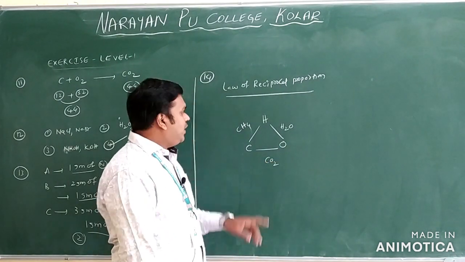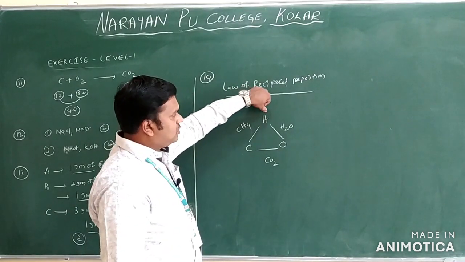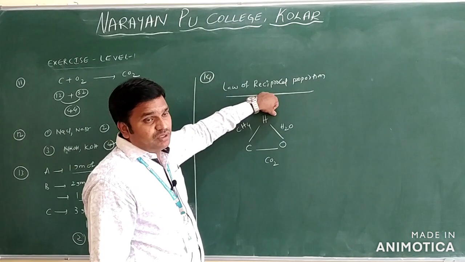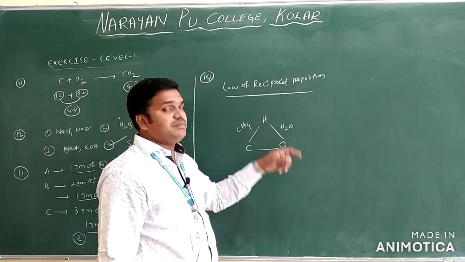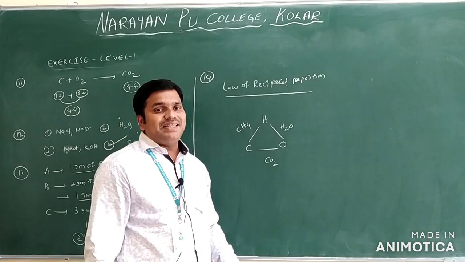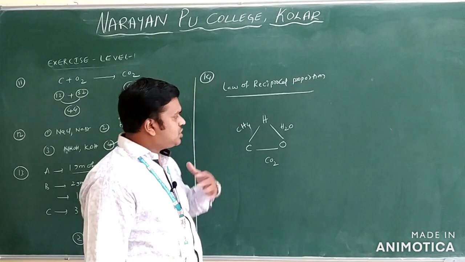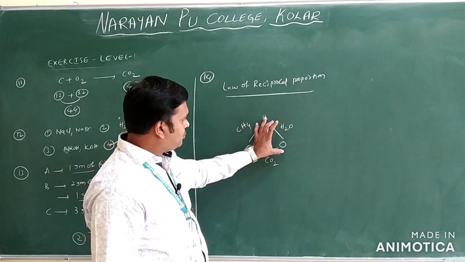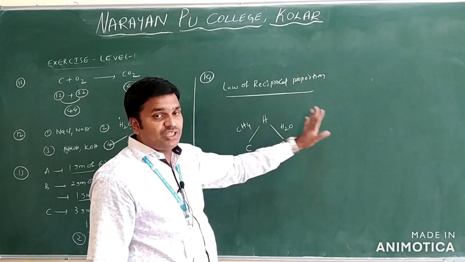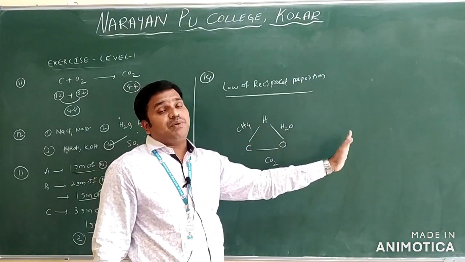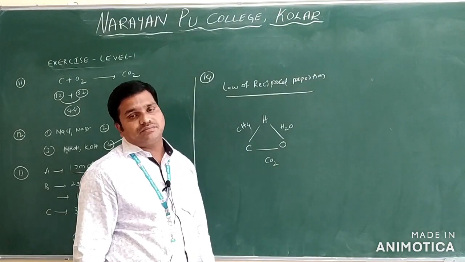When two different elements combine with a third element, that is the fixed element only, they will form different types of compounds only. In these different types of compounds, we want to find out the ratios. Suppose you want to find out oxygen hydrogen ratio and you can find out carbon hydrogen ratio. If we take one element, hydrogen, as fixed, the ratio of carbon and oxygen is the same as in carbon dioxide only. How is it?